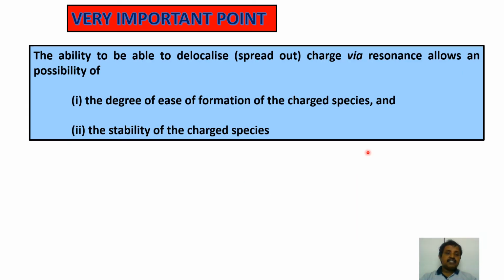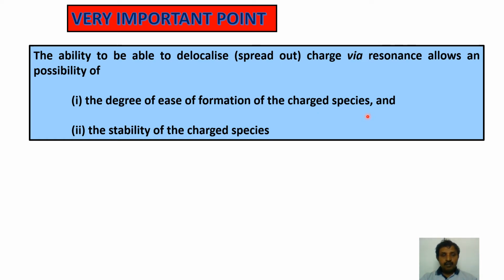Now, let us discuss one of the important points in resonating structures. Whenever there is a possibility of forming a charged species which undergoes resonance, then such a charged species will be easily formed. That is, this point represents that the ease of formation of the charged species is very high whenever the charged species are undergoing resonating structures.